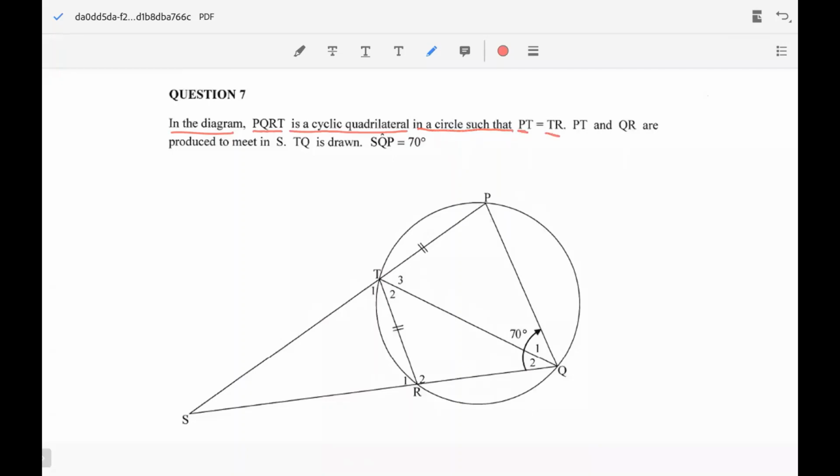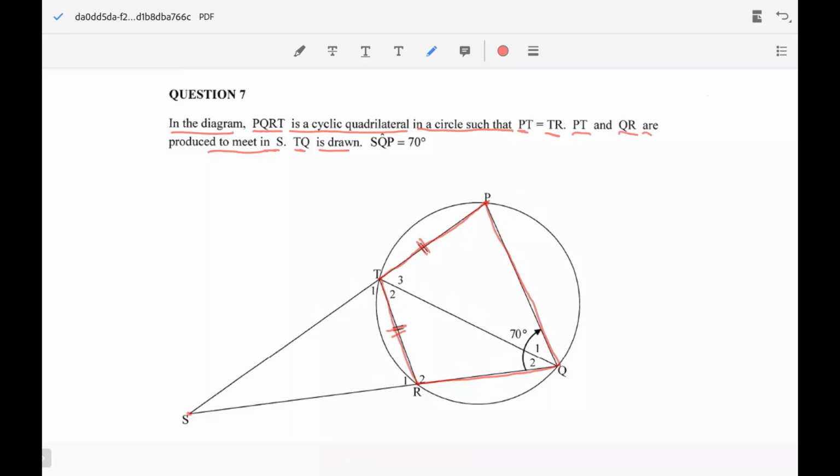PT and TR are produced to meet in S, so point S lies outside the circle.